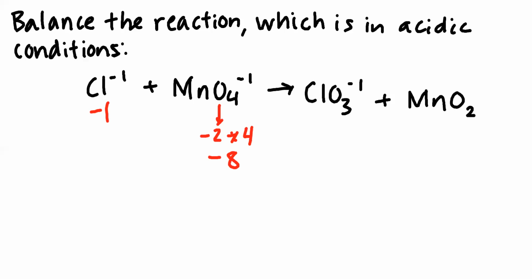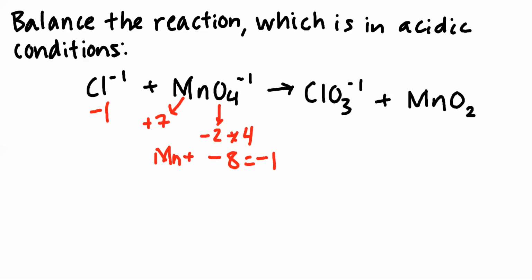Then in polyatomic ions and molecules, the sum of all the oxidation numbers, so the sum of oxygen plus the Mn, has to equal the charge, which is -1. So this Mn atom has to be a +7.